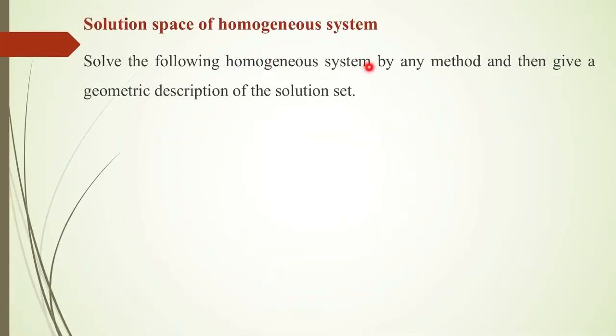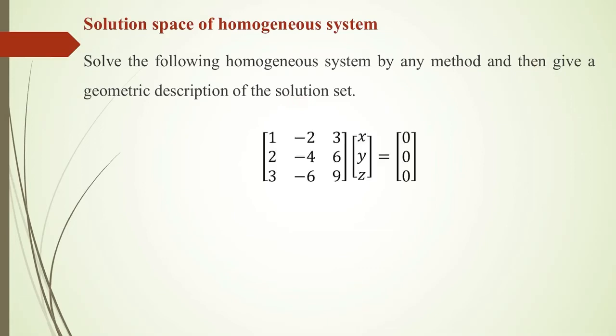Solve the following homogeneous system by any method and then give a geometric description of the solution set. And we have given a homogeneous system like this: 1, minus 2, 3; 2, minus 4, 6; 3, minus 6, 9, times x, y, z equal to 0. So actually what we have is 3 homogeneous linear equations, means first row into column will give us x minus 2y plus 3z equal to 0.